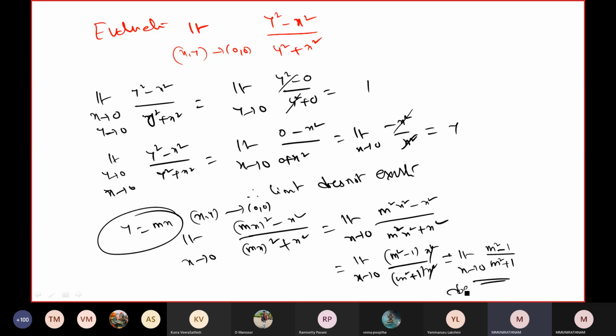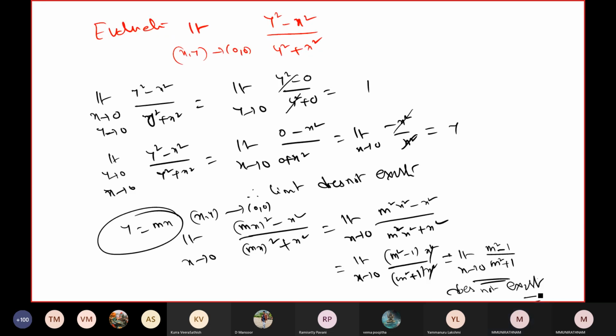So you can say it that way too. Whatever you like, you can say that the limit does not exist. Okay. Any doubts, please? For different values of m, it will give different values. If I take m equal to 1, that will be 0.